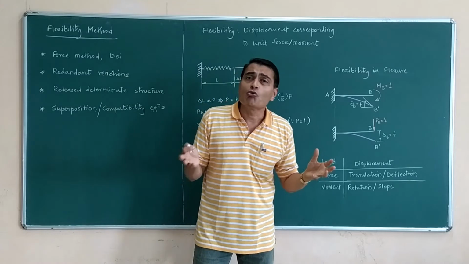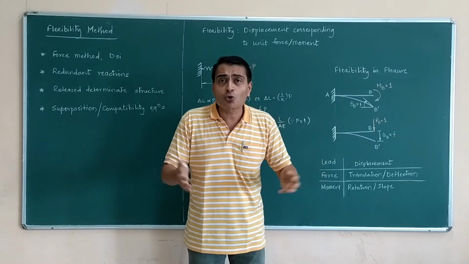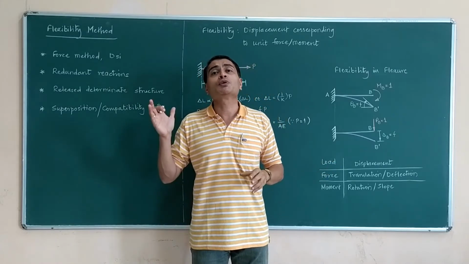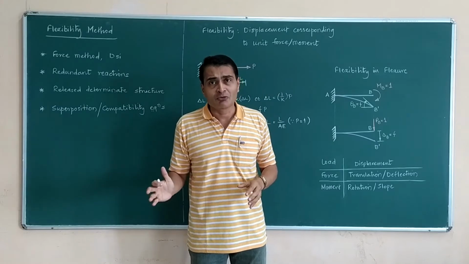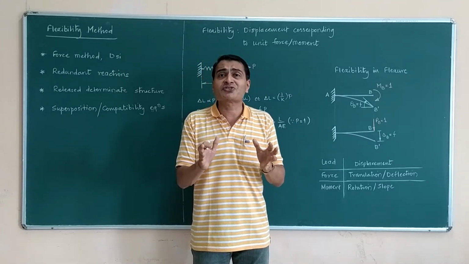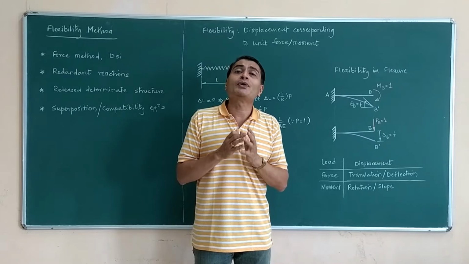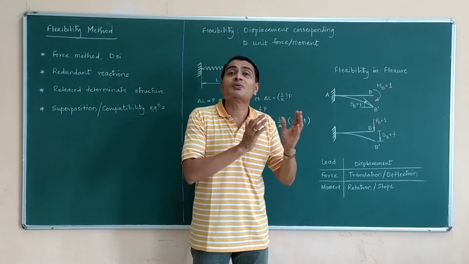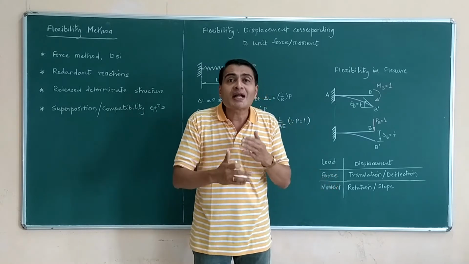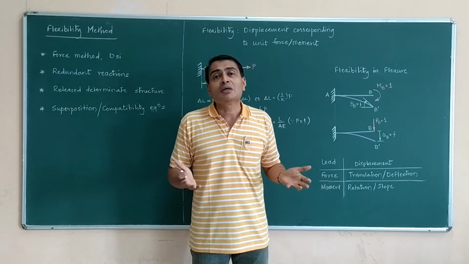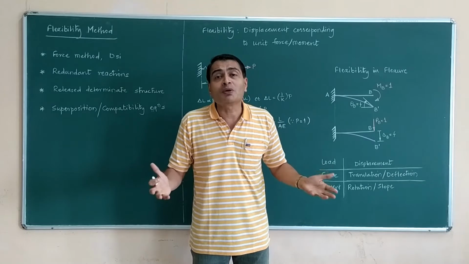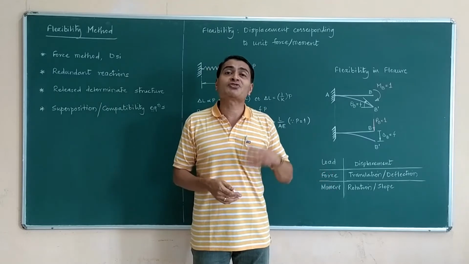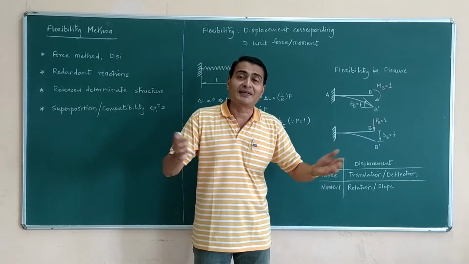So I suppose what is flexibility is clear to you, and now I will solve one propped cantilever where degree of static indeterminacy is hardly 1, and I will try to introduce the technique of flexibility method followed by flexibility coefficients, so that we will be able to solve more involved problems with degree of static indeterminacy 2, 3, like that.